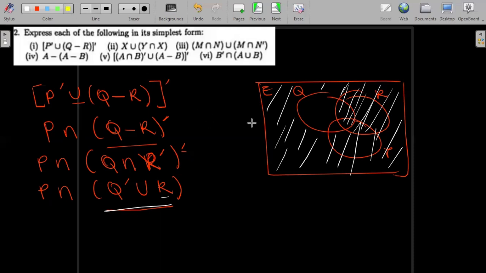To check where this entire thing intersects with the set P, you shade your set P, and I'll use yellow for this one. So I'll go this way, and I'll go that way.